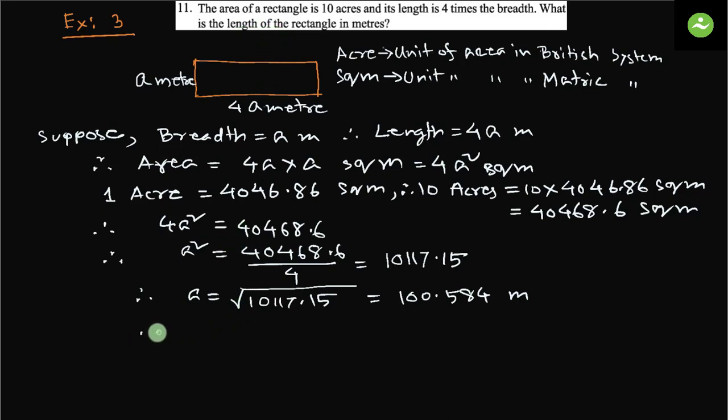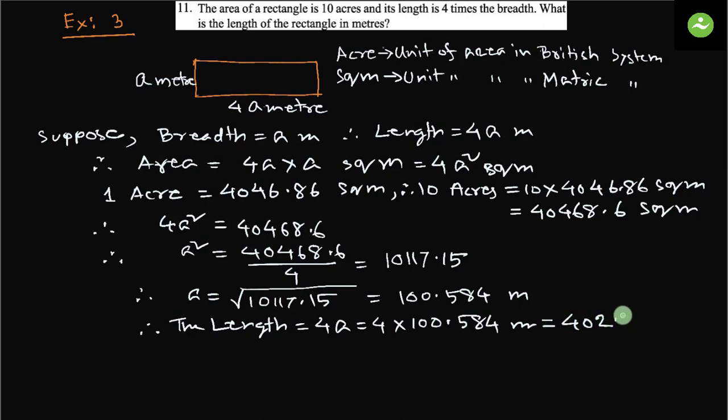So therefore, the length equals 4a equals 4 into 100.584 meter equals 402.34 meter.